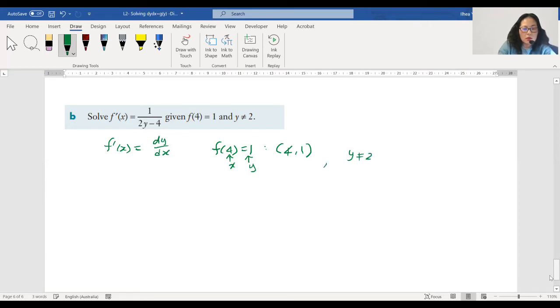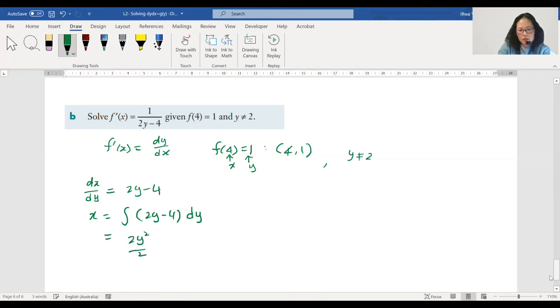All right, so I'm going to go straight into dx dy equals, I flipped, and then I'm going to go x equals the integral of 2y minus 4 dy. If I do that, that'll be just normal integration.